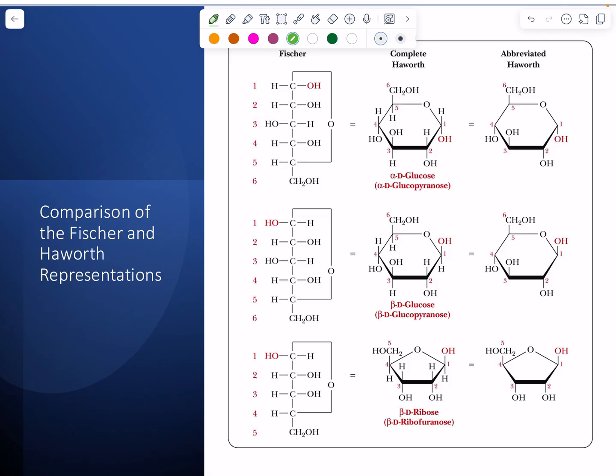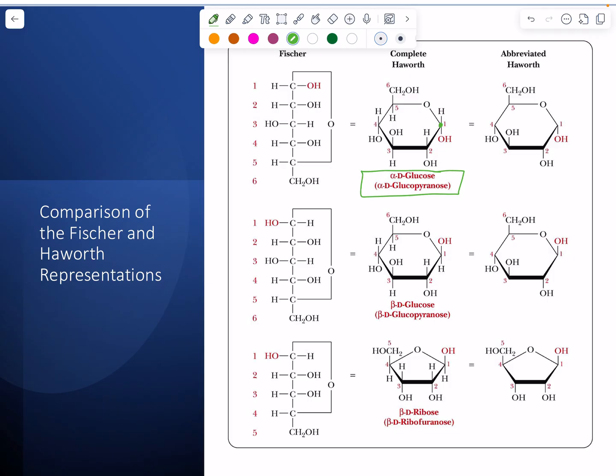So the name of this is alpha D glucose, but to be most specific, if it is in a particular ring form, either shown in that form or locked into that form because of a glycosidic bond between the anomeric carbon and something else, we should designate whether it's the pyranose or furanose form.